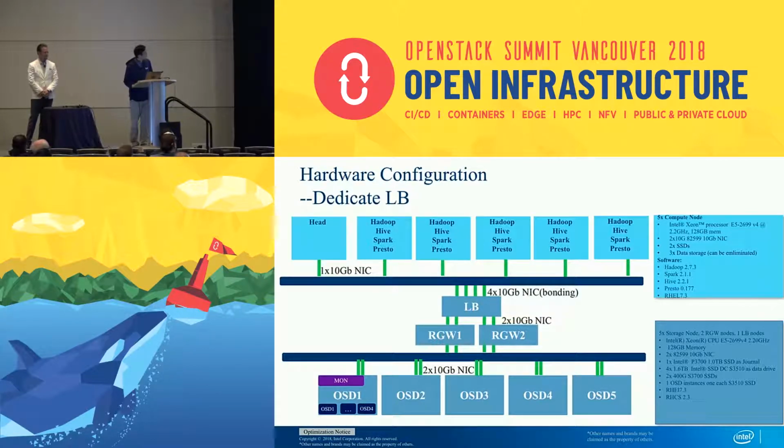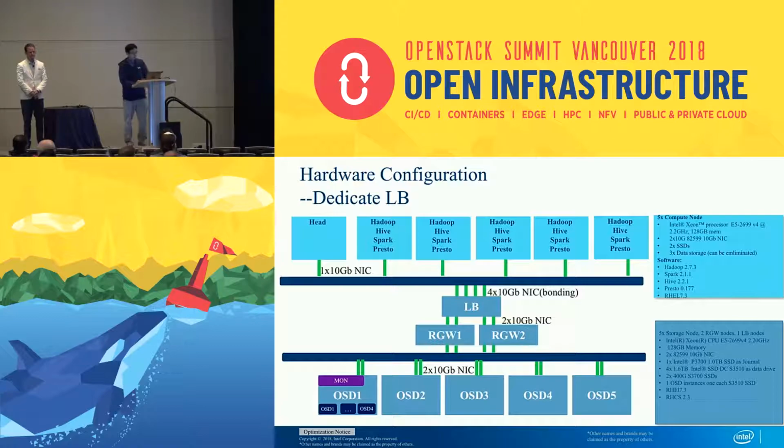For the access tier in the middle, initially we used 2 RGW (Rados gateway) nodes and a load balancer. The network configuration is 40 giga on the front, and each RGW has 20 giga in the front and in the back.